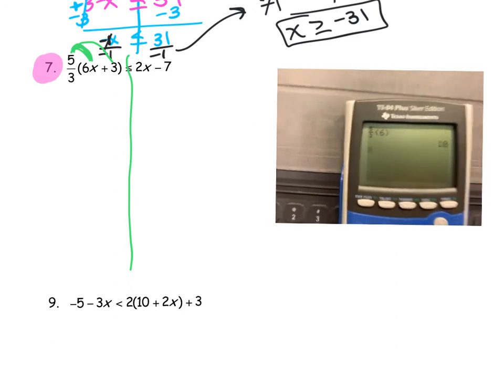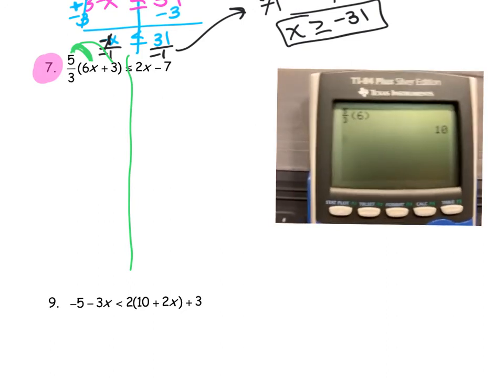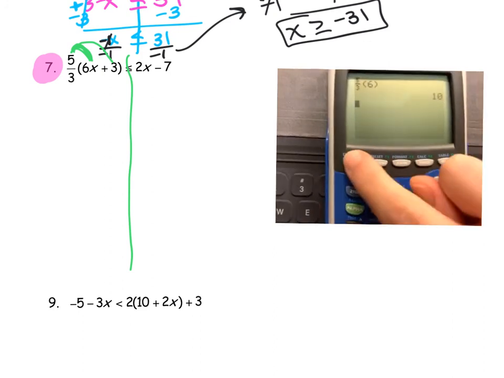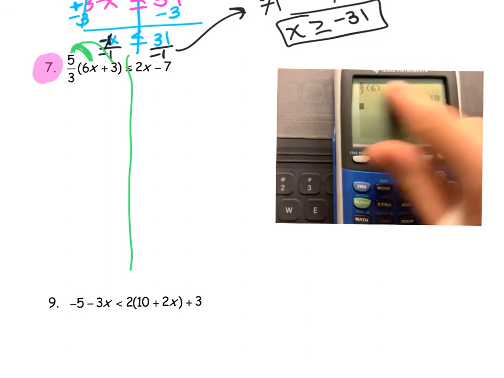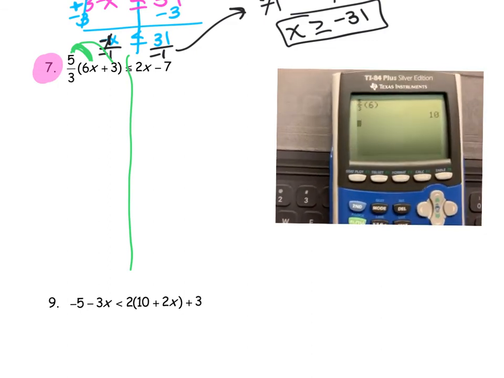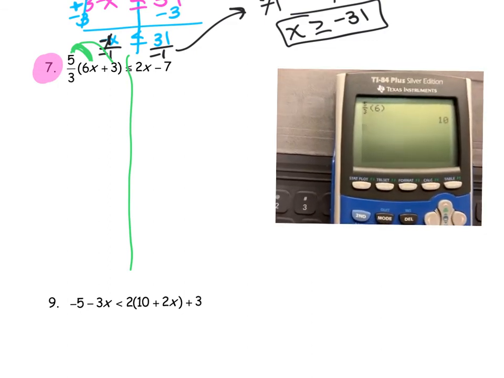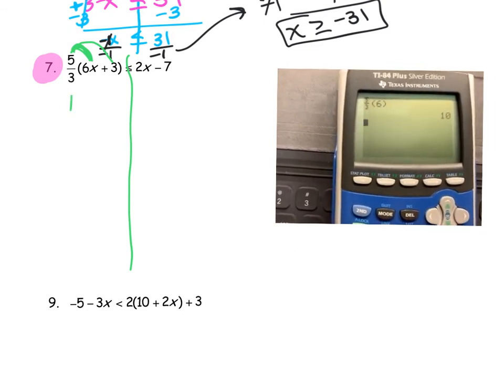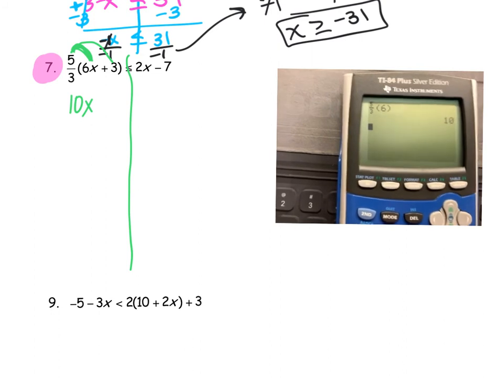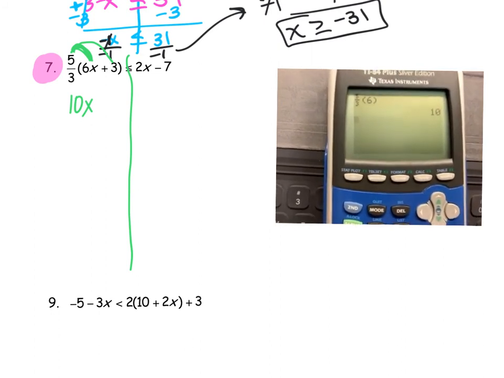That makes no sense. X only goes in the y equals screen, only in this screen. You will never write x in the home screen. Never. So we just distributed that, and we got 5/3 times 6 is 10. So I'm going to rewrite this as 10. Don't forget the x.